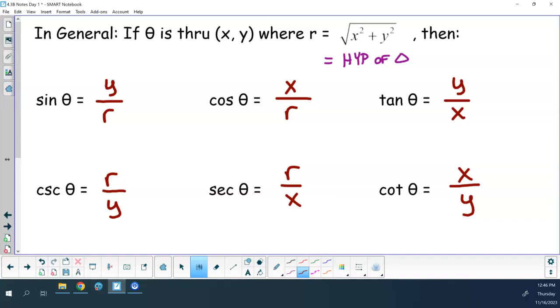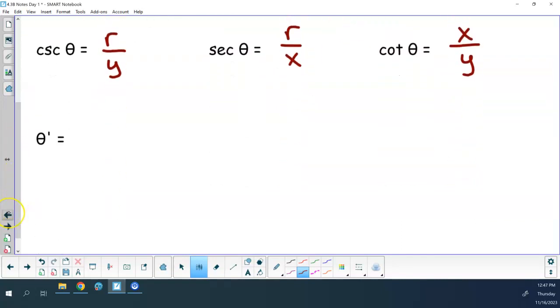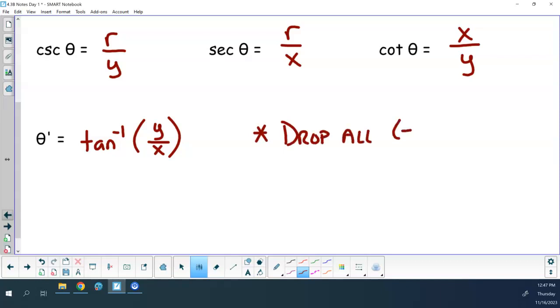Here is where this is important. To find our reference angle, it is just the inverse tangent of y over x with one extra condition. And that extra condition is we drop all negative signs. That brings it back to the triangle, so that's why we made them positive.